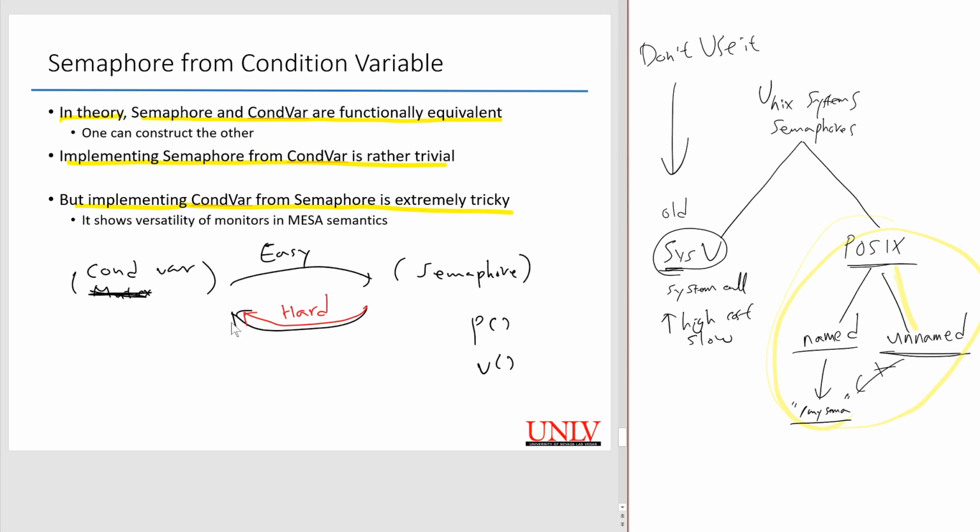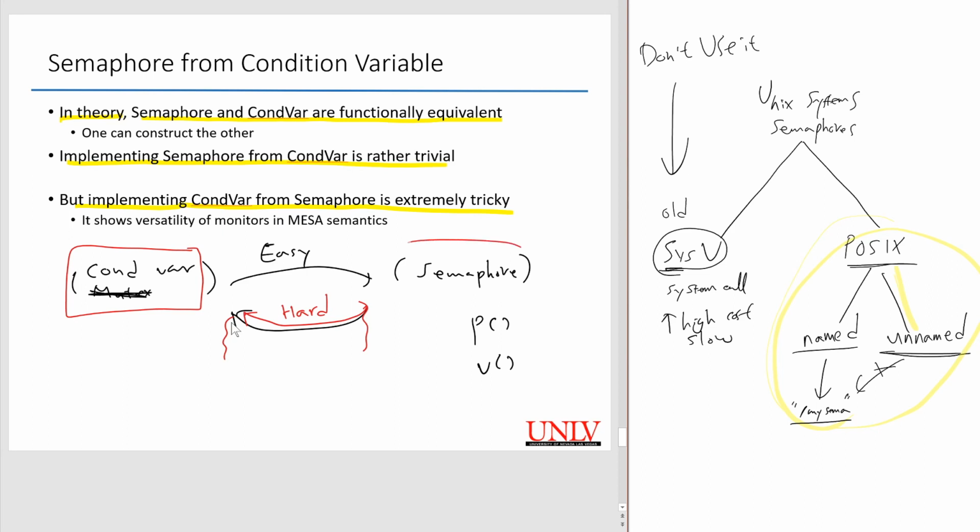And the whole point of that exercise of constructing condition variable out of semaphore is that it is tricky and difficult to do. So that means, not in theory, but in practice, it implies that condition variable is more versatile.